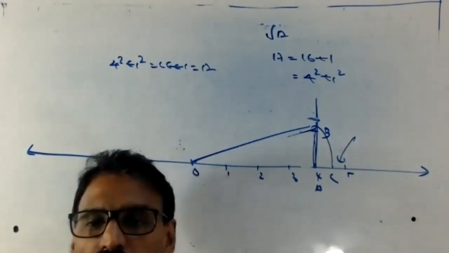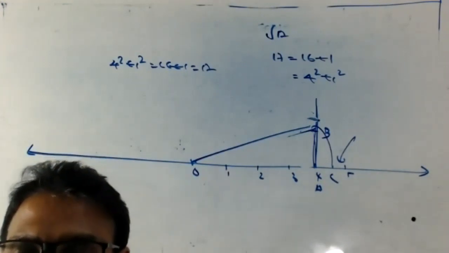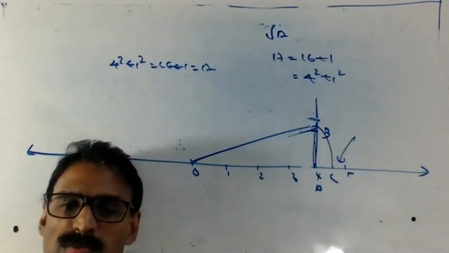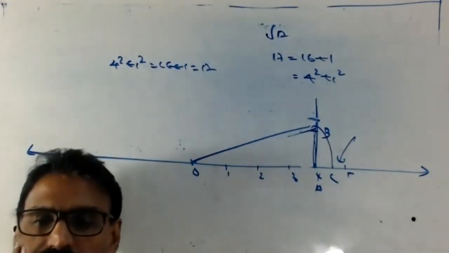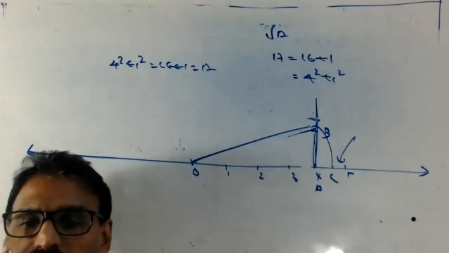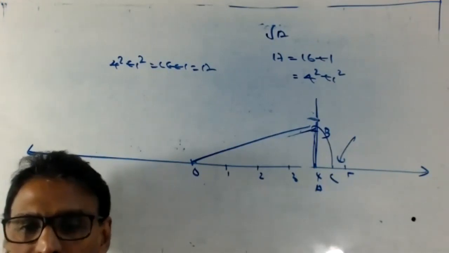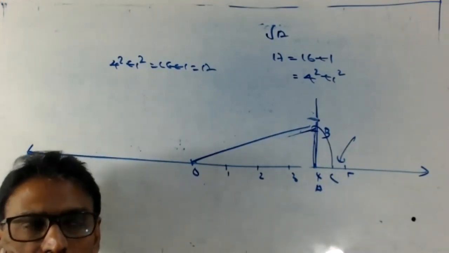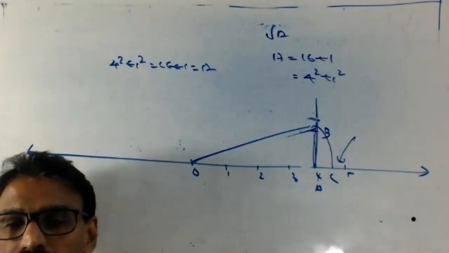Which pair? Pranav, tell me which pair. Tell me another pair for 13. I'll show you the justification. 13 is, sorry, 3 square plus 1 square?